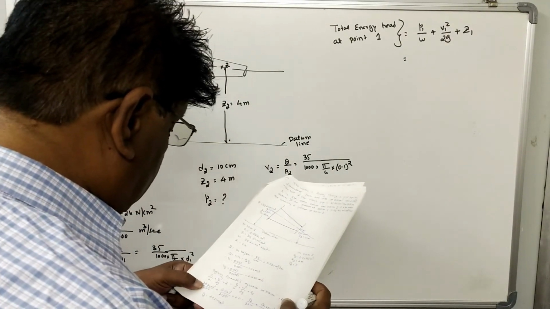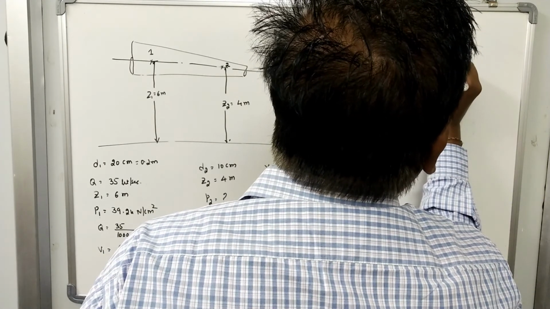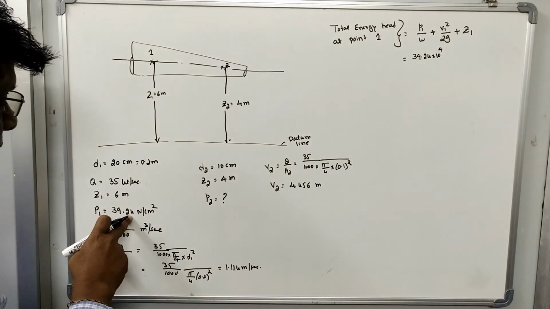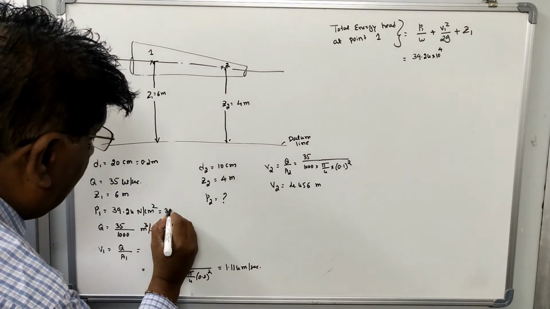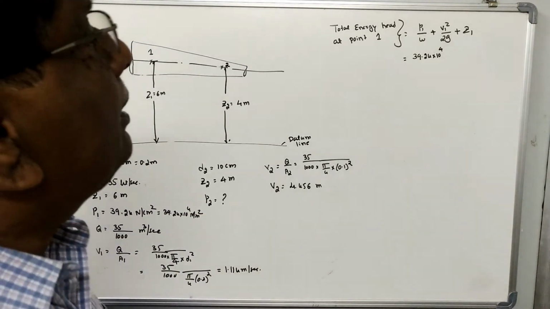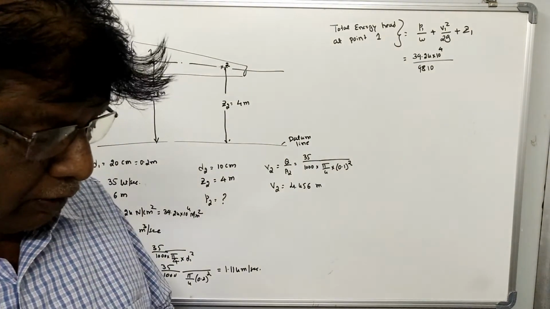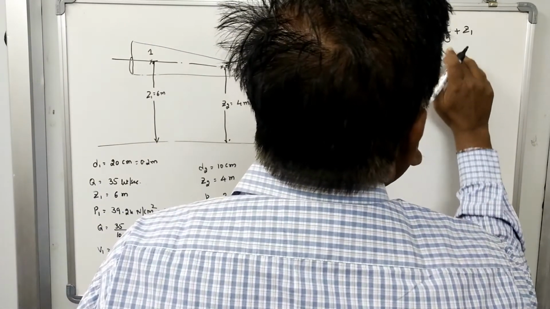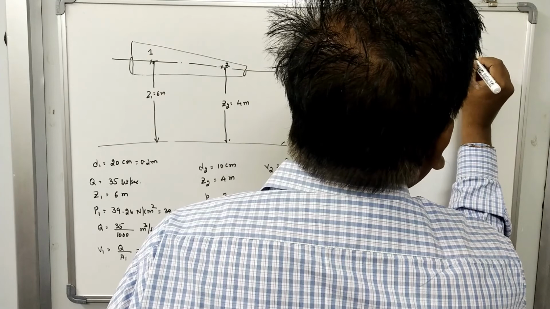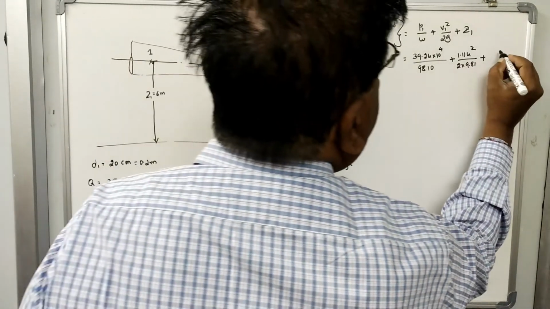Now you find total energy head at point 1. That is P1, 39.24 Newton per centimeter square, or 39.24 into 10 raised to 4 Newton per meter square, divided by 9810, which is the unit weight of water, plus V1 square, which we have calculated, 1.114 square divided by 2 into 9.81, plus Z1, which is given, 6 meter.